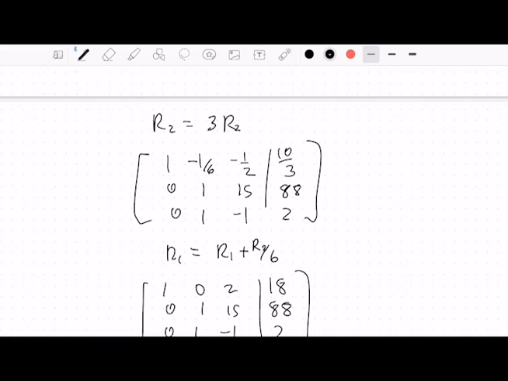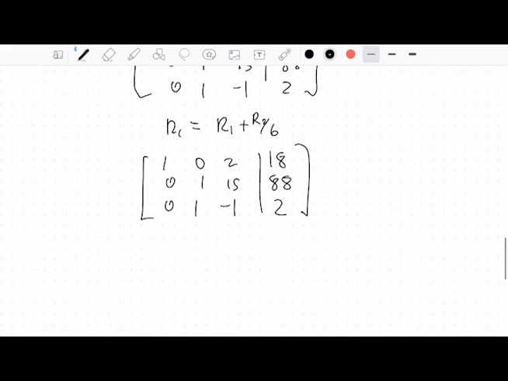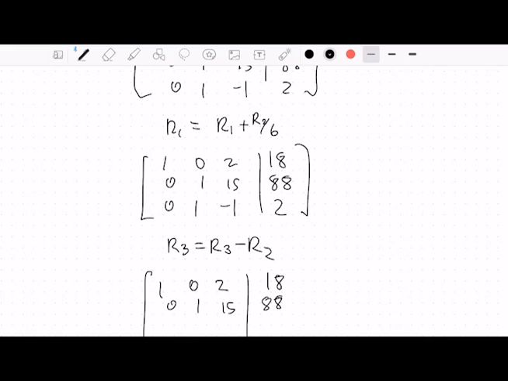The next step in this scenario would be R3 is equal to R3 minus R2. That would leave us with 1, 0, 2, 18, 0, 1, 15, 88, 0, 0, negative 16, negative 86.